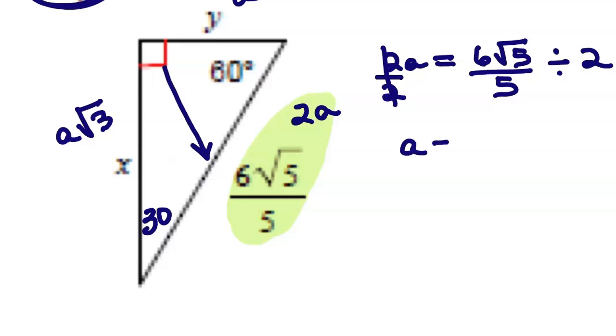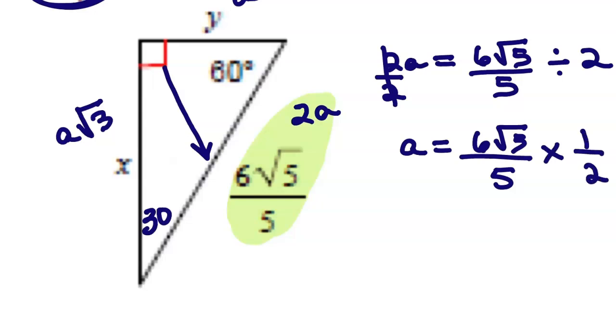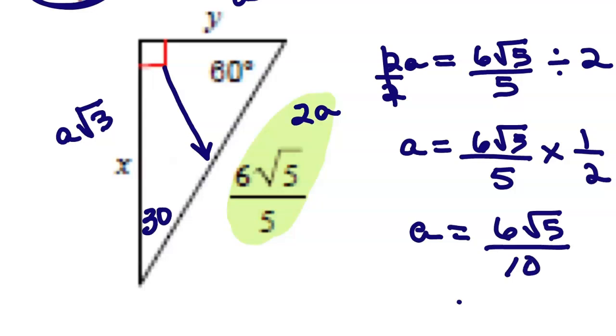When we divide and we have fractions, we actually keep it, change it, and flip it. A becomes 6 radical 5 over 10. And you can reduce by dividing the numerator and the denominator by 2. That can be 3 radical 5 over 5. That's my A.